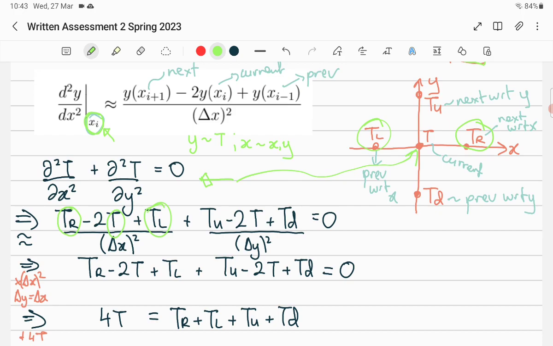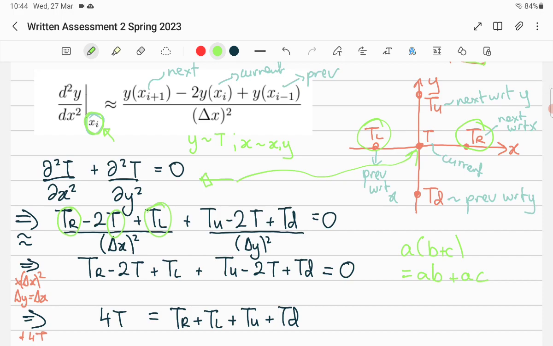And then what you do is you multiply both sides by delta x squared, and delta y is equal to delta x. So I'm multiplying a sum, so both terms get multiplied. When I multiply the first term by delta x squared, that gets rid of the division by delta x squared.